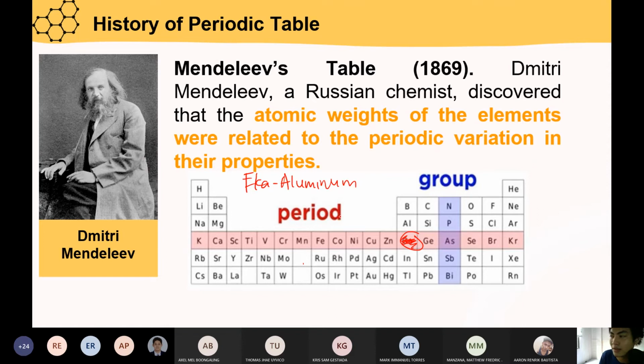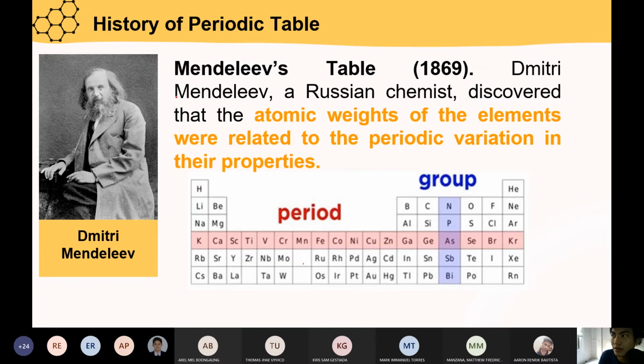So, that's amazing, no? Because by just properly analyzing the periodic table, Dimitri was able to predict missing elements in the periodic table. Okay? And that is true until now, no? The properties of the blanks before have been replaced by actual elements. Okay, that were discovered later on.